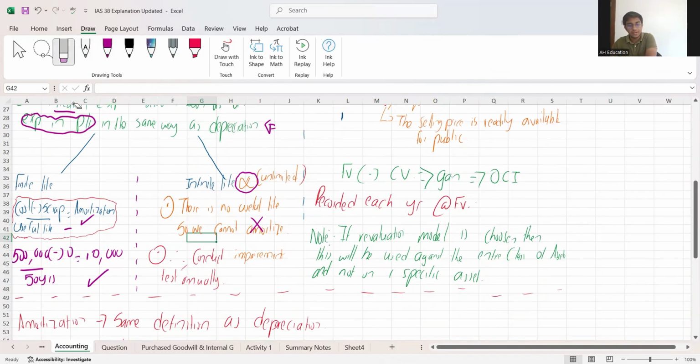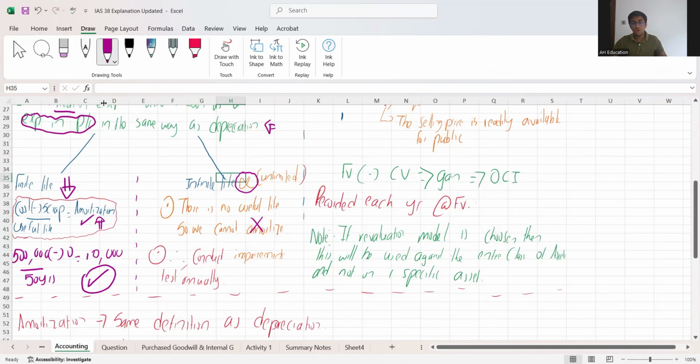If it's easily determined, then the accounting would simply be cost minus your scrap value divided by useful life, which will give your amortization. This is all you know, right? For example, take your cost as 500,000 minus scrap of 0, divided by 50 years of useful life. You will get an annual amortization of 10,000 rupees per year. This is what we know, right? This you all could do.